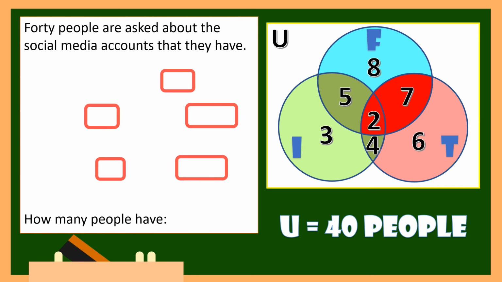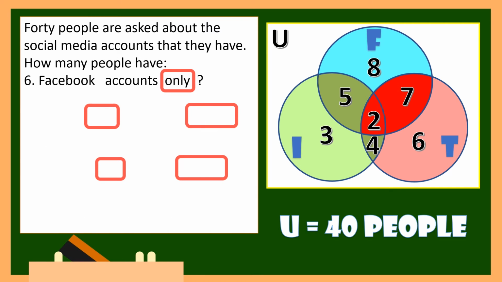Okay, next, for our problem number 6, how many people have Facebook accounts only? So, for this time, ang tinatanong na lang natin is Facebook account only. Wala na dapat kasamang Instagram at the same time wala na dapat kasamang Twitter. So, paano natin malalaman yon?